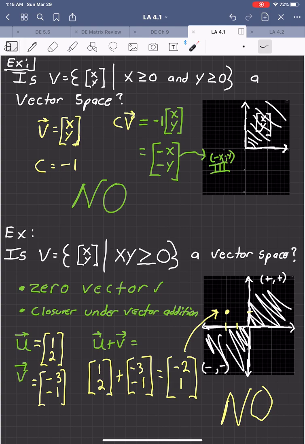But the beauty is, if you can just find a single instance, like we did, where it does not close under vector addition, that single instance is enough to disprove that it is a vector space.